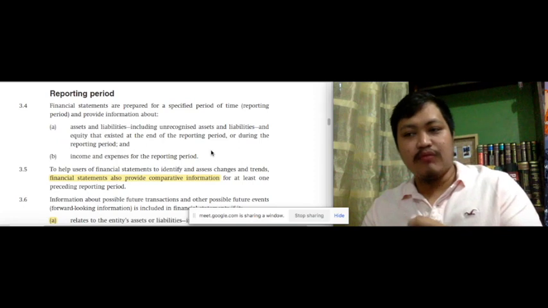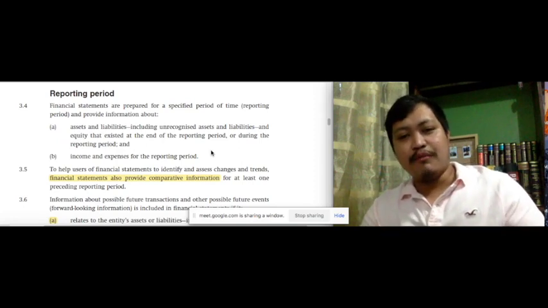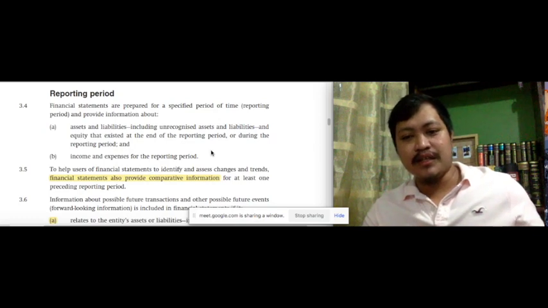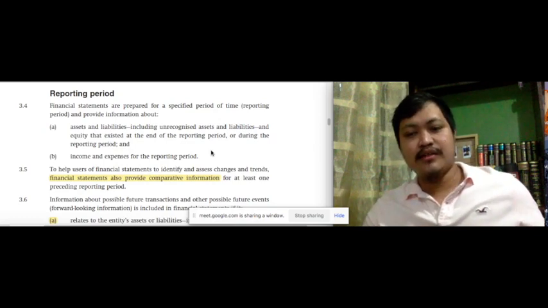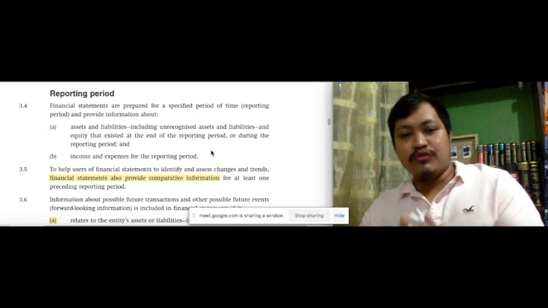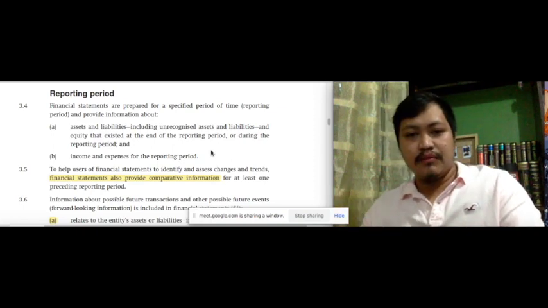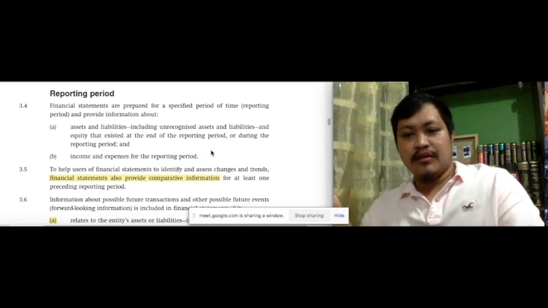Okay, it would betray the usefulness of the financial statements, class, if you prepare financial statements for a period of 6 months in one instance, and in the second instance you prepare a financial statement for a period of 12 months. Okay, there is a need to split the life of the reporting entity into certain periods, class, for us to be able to provide timely information.